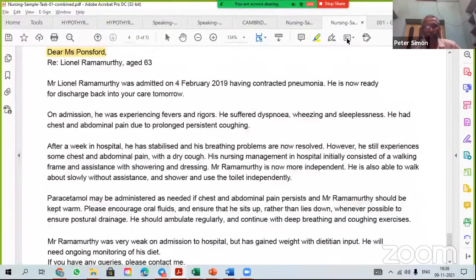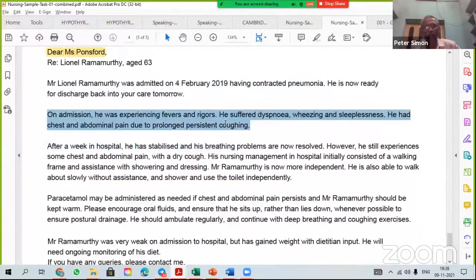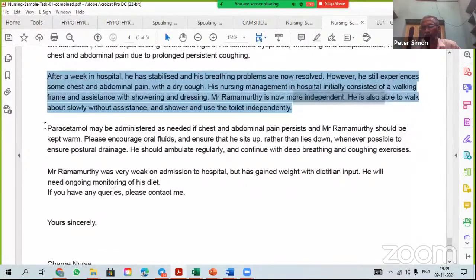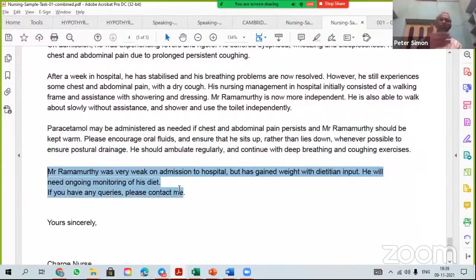This is paragraph number 1, paragraph number 2, paragraph number 3, paragraph number 4, and paragraph number 5. It is always wise to write 5 paragraphs. Don't write more than 5 paragraphs.